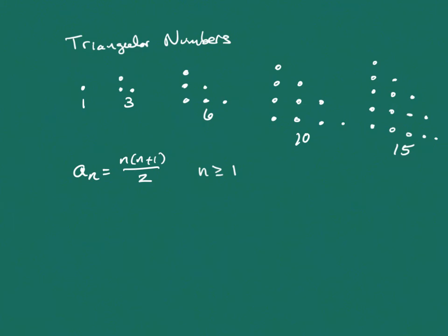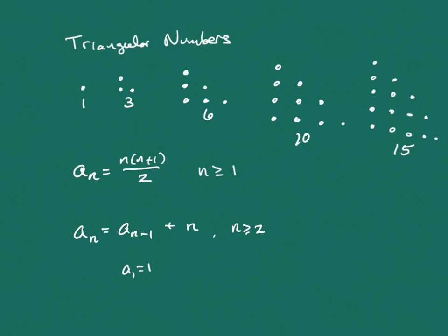But then from this pattern with the triangular numbers, we can also see that it's possible to write this in a recursive way as well: a sub n is the triangular number that came before it, and then I add on n. In this case, a1 is just going to be 1, and that works for n greater than or equal to 2.